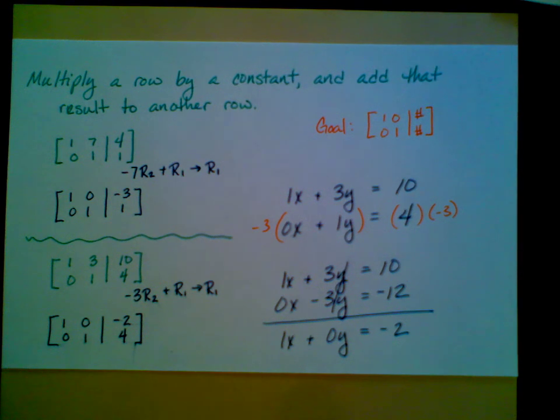The real advantage comes from the fact that it's easy to program computers to do this work for us, but we do want to have a strong understanding of what the row operations do and the process of solving a system of equations this way. So next, watch the video, Solving Systems of Linear Equations Using Matrices.